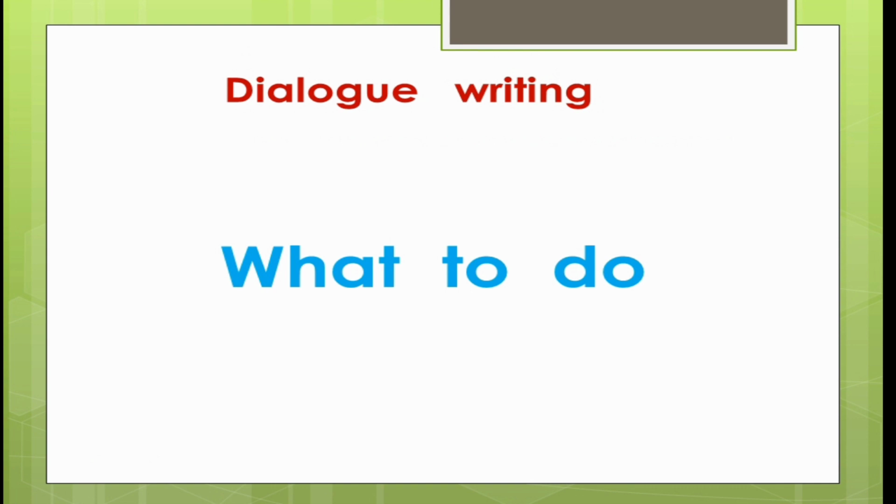Number six, maintain context. Yes, dear students, relevant and informative ideas are very important when you are writing a dialogue. If you want to obtain good marks in the examination, then you have to maintain this step. That means maintain context.